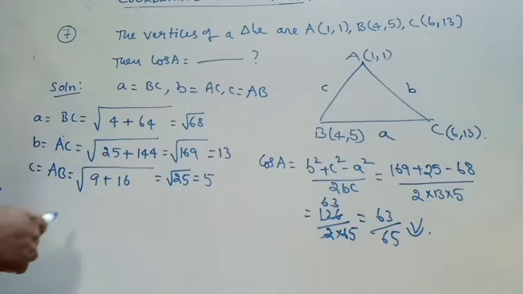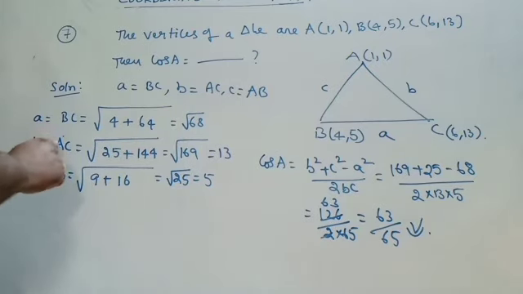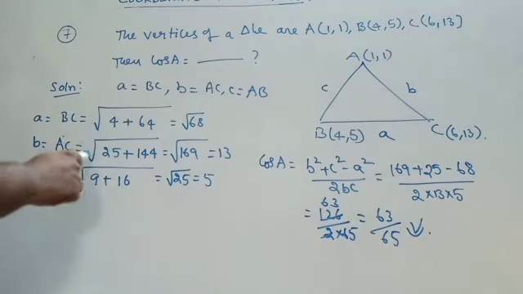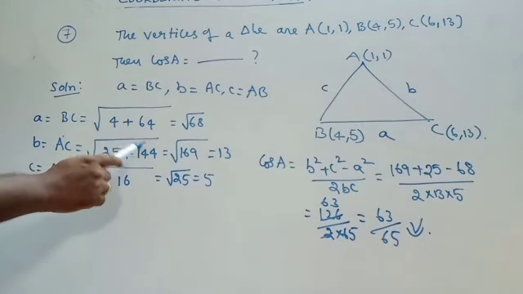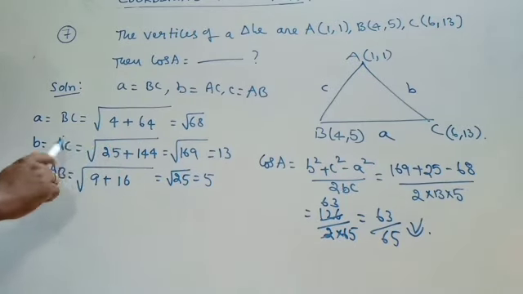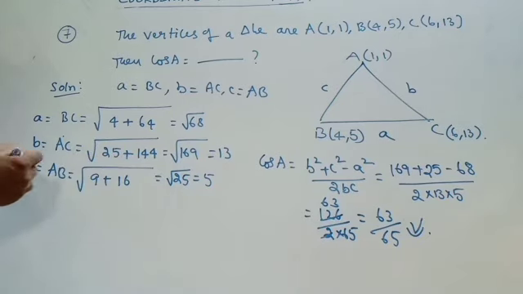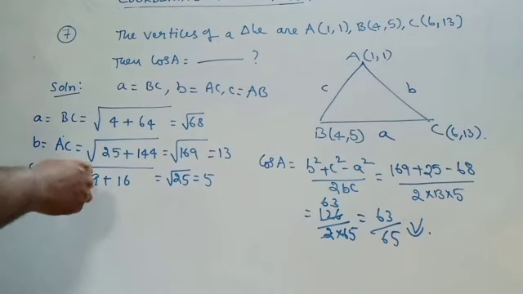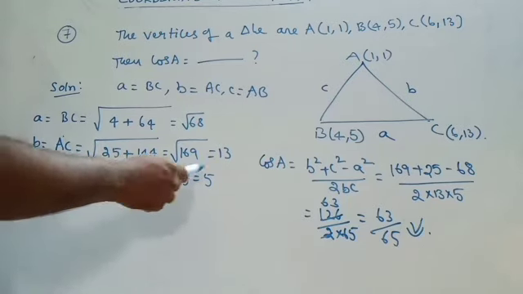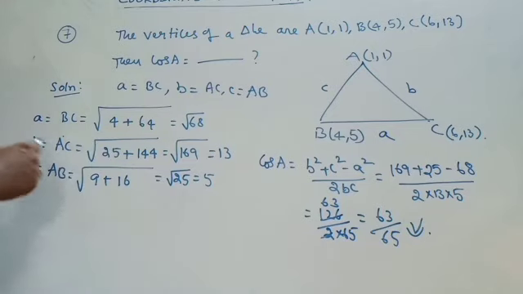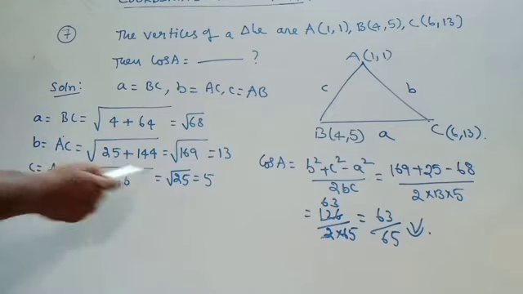Now small b is the length of AC. You know A and C, and by using the distance formula the distance between A and C is root 169, that is 13. And small c is the length of AB, which is root of 9 plus 16, root 25, that is 5. Now small a is root 68, small b is 13, small c is 5.